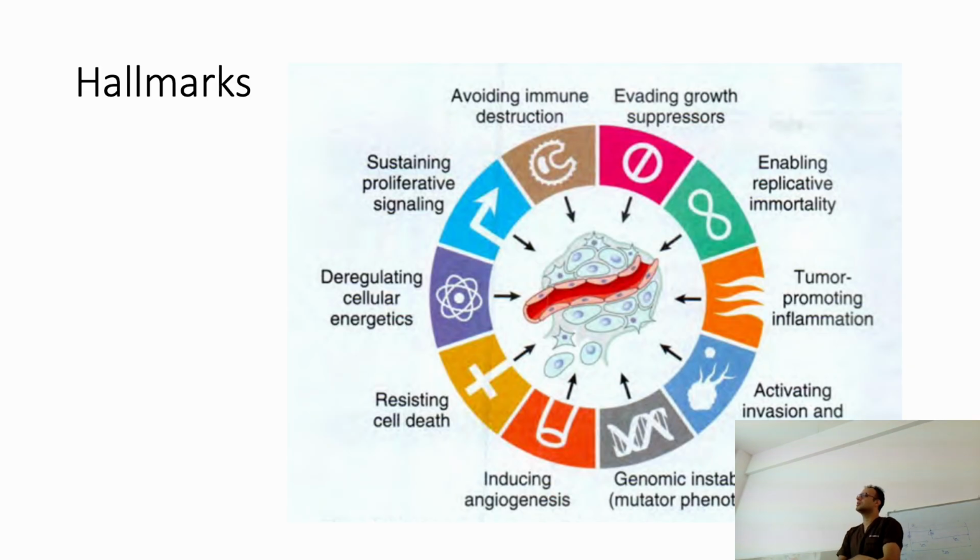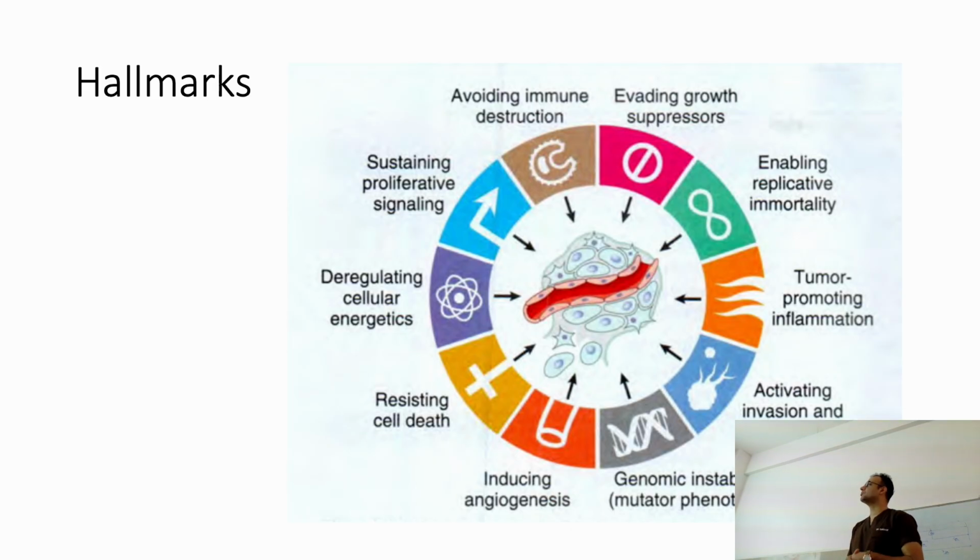That is, if the cell is not going into apoptosis by these p53 and RB, they will gain replicative immortality. And the tumor will induce inflammation to stay in the body, where they will get growth factors and nutrients. Tumor will activate invasion and cell-to-cell communication. Tumor will undergo genomic instability.